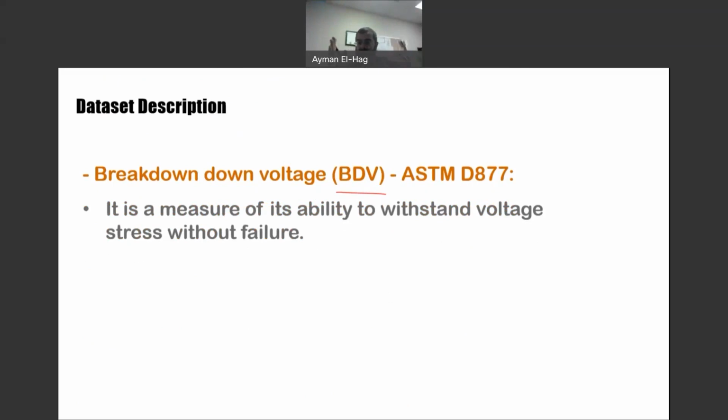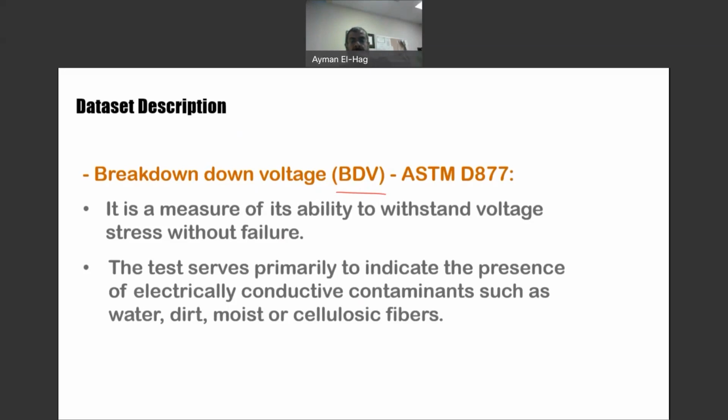Insulate what? High voltage from ground. So you have to have a strong breakdown voltage of the oil. If the oil has some contamination, then the breakdown will go down. So here, a higher breakdown voltage is better. As the breakdown voltage starts to go lower and lower, it means that the oil is not good.